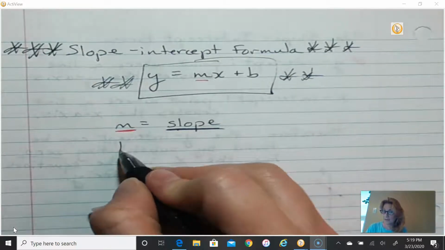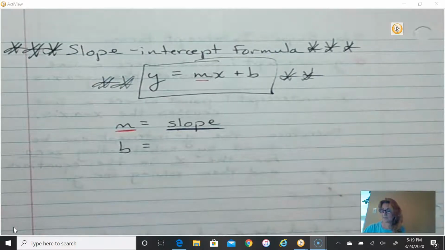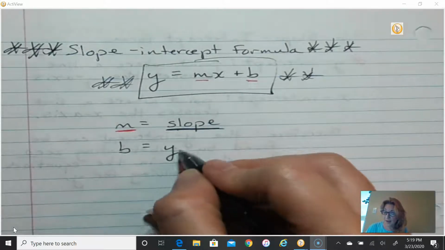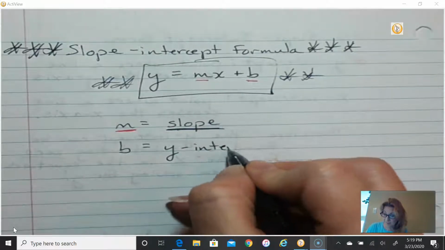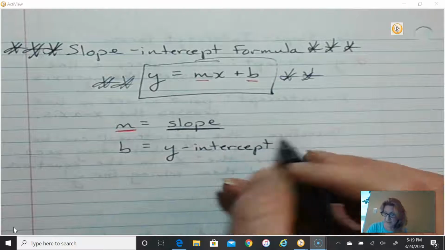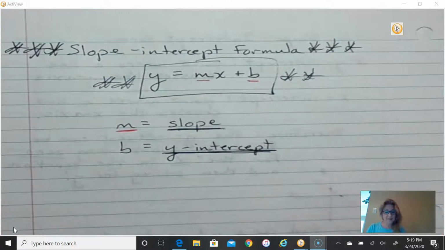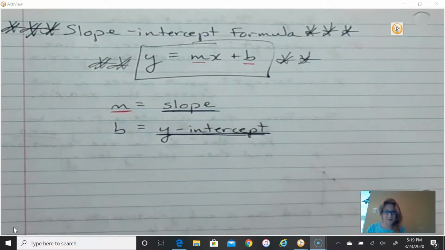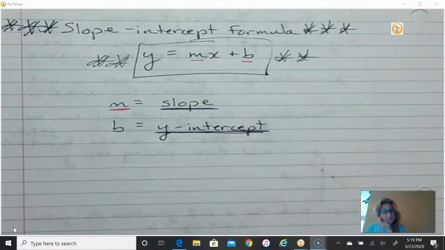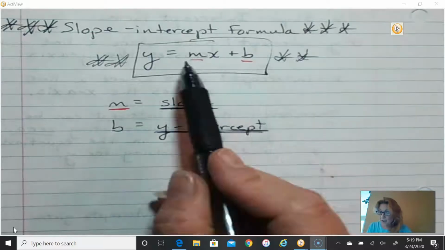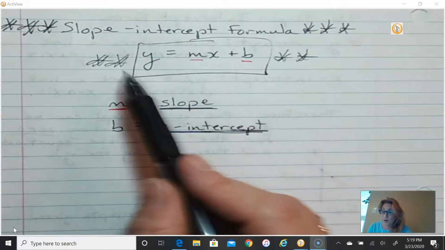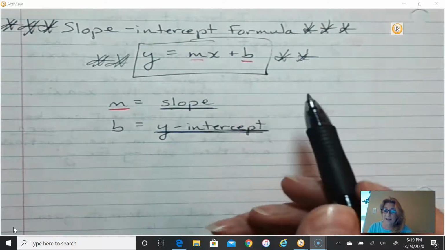Your b, that is your y-intercept. Do you see now why I said it's the most important, besides the x-intercept? Yeah, you gotta know that, but not as much as the y-intercept. Do you see an x-intercept in this formula for graphing the line?